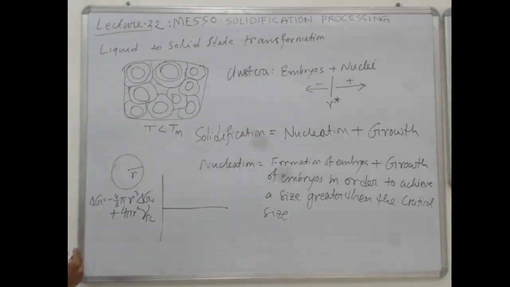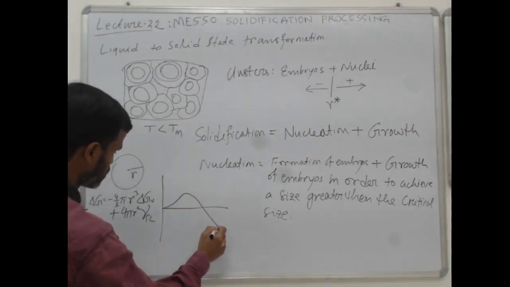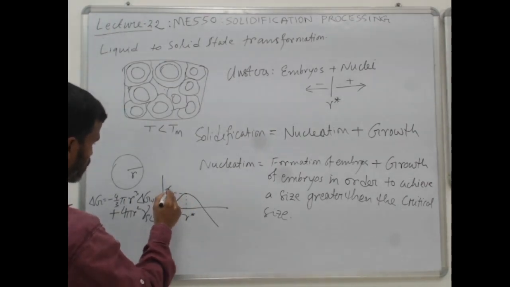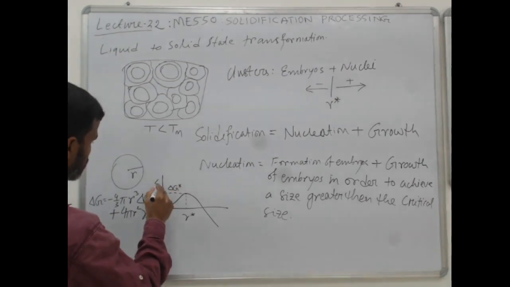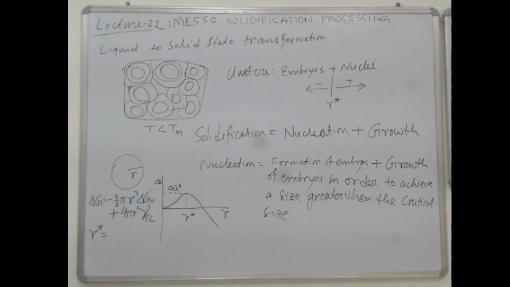And from this relationship, we have also discussed how to get r star, the critical size, because this equation, if you plot, it varies like this. So it has a critical size and a critical value of energy of formation; this is delta G, here you have r. If we take the derivative of this with respect to r, we get the critical value, and the critical value is 2 gamma SL by delta GV.